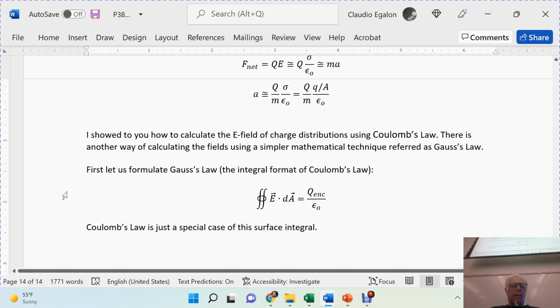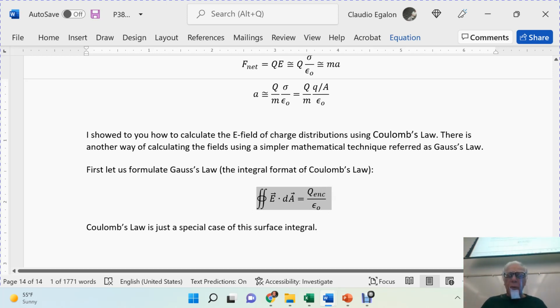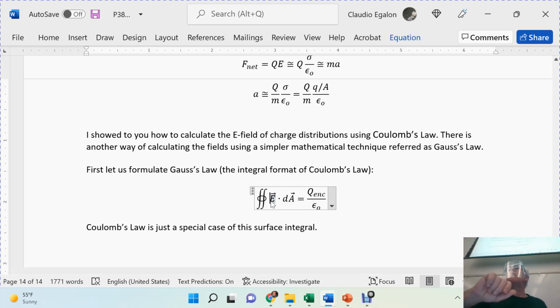Scientists, when they were doing experiments, came up with this law. And now what is this Q enclosed? What is this Q all about? What is Q telling us? Q is telling us that it is the source of the electric field. In order for you to have an electric field, you have to have an electric charge.